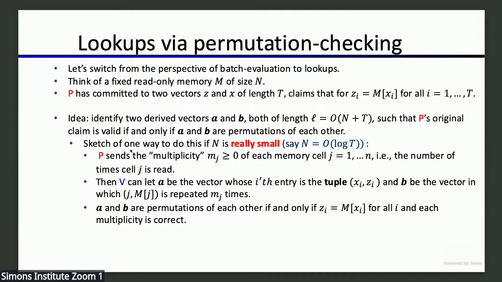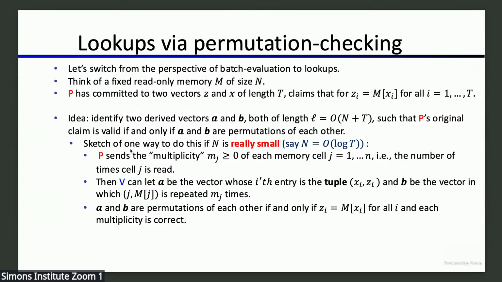Okay, so the way we used to do lookup arguments, before Shout, is the following. You somehow identify two vectors A and B, which are both of size typically order N plus T. So there's a table size cost and a number of reads into the table cost, such that the prover's original claim is valid if and only if these two things are permutations of each other.